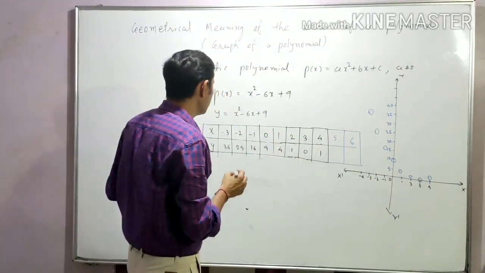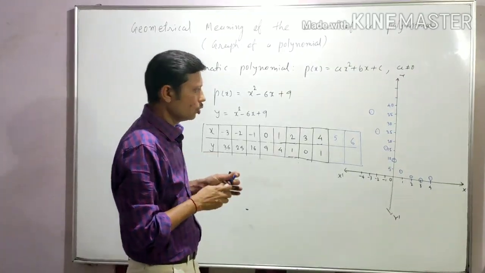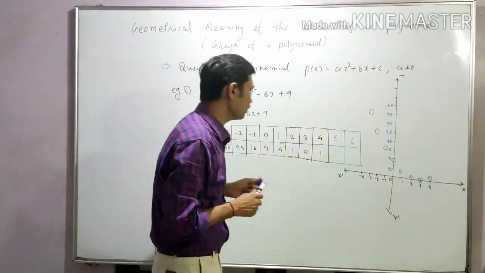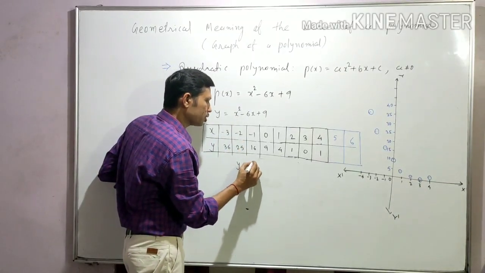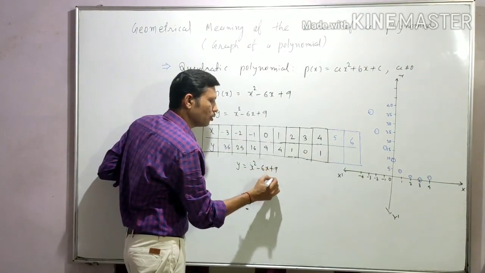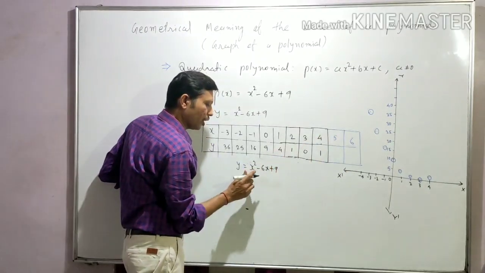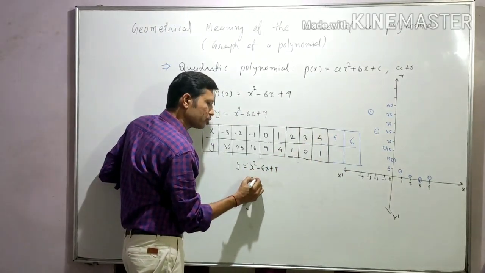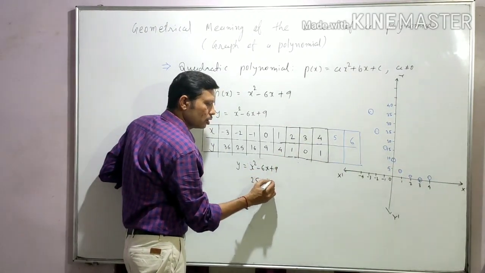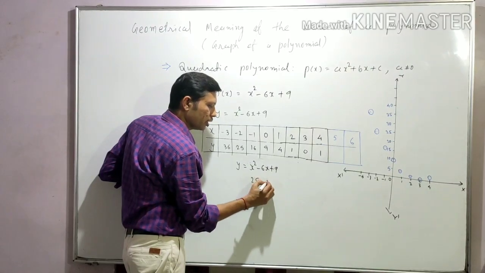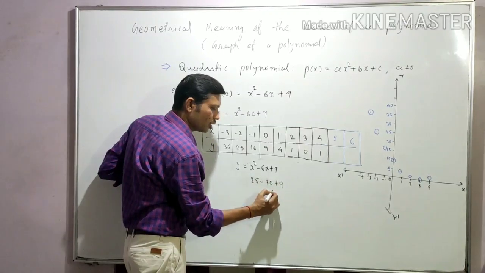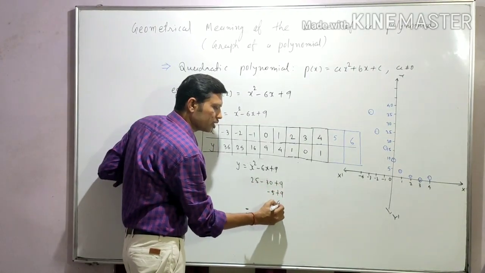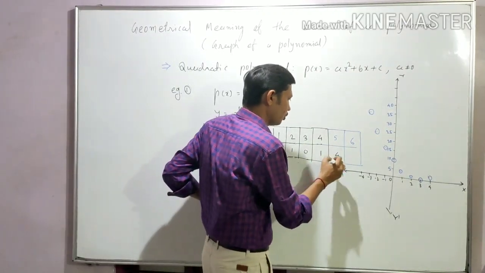Suppose I take 5 here. To make the shape of the graph proper, we are taking a few more points. So y is equal to x square minus 6x plus 9, our polynomial. When I place 5 here, 5 the square is 25, minus 6 5s are 30, and plus 9. 30 and 25, that subtraction is minus 5 plus 9, so the overall answer is 4.